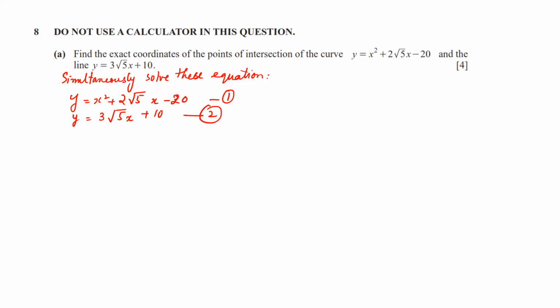So solving this question in an easier manner, let's say under root 5 into x is equal to a. Okay, and x square will be then equal to a square by 5, not under root 5.